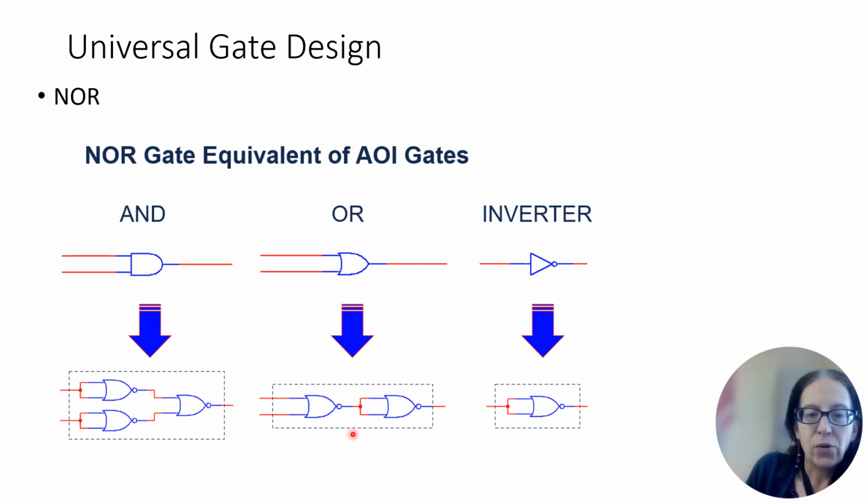So there you go. And then the AND is the one that doesn't match, and is more complicated. But the template is the same. So you invert them and then NOR them. Just like for the NAND, you would invert them and then NAND them. These ones, you would invert them and then NOR them.